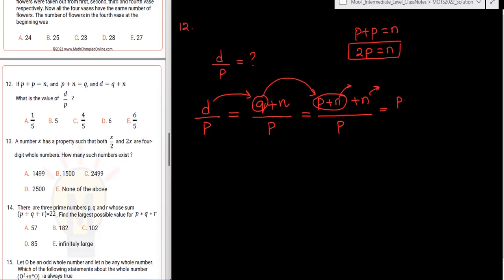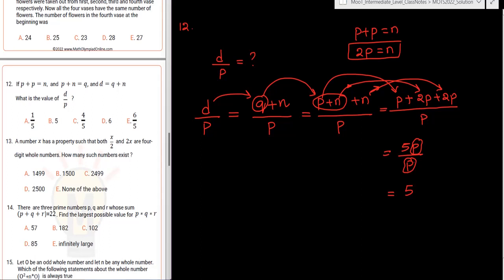So I will have P, which is this first thing as it is, plus for this N, I'm going to put 2P because N is equal to 2P. For this other N, I'm going to put another 2P divided by P. Now this is P plus 2P plus 2P, that's 5P divided by P. 5P by P is nothing but 5, because whatever this P is, it can get cancelled.